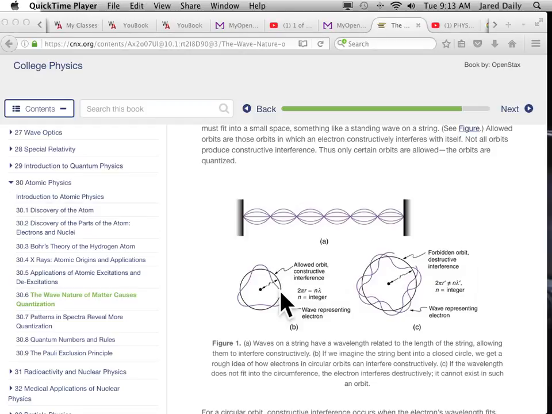So it correlates to that. And it also creates some shapes around the atom that in 3 dimensions start to look like where these electrons are actually found when we do experiments.